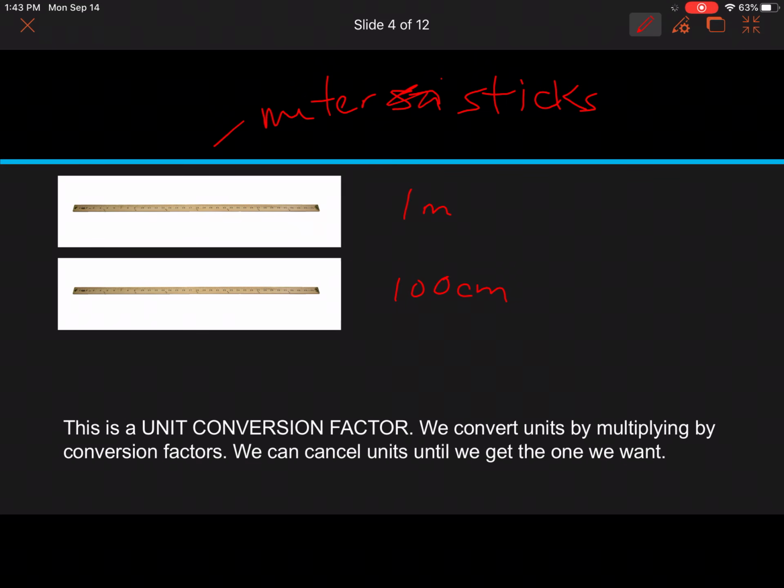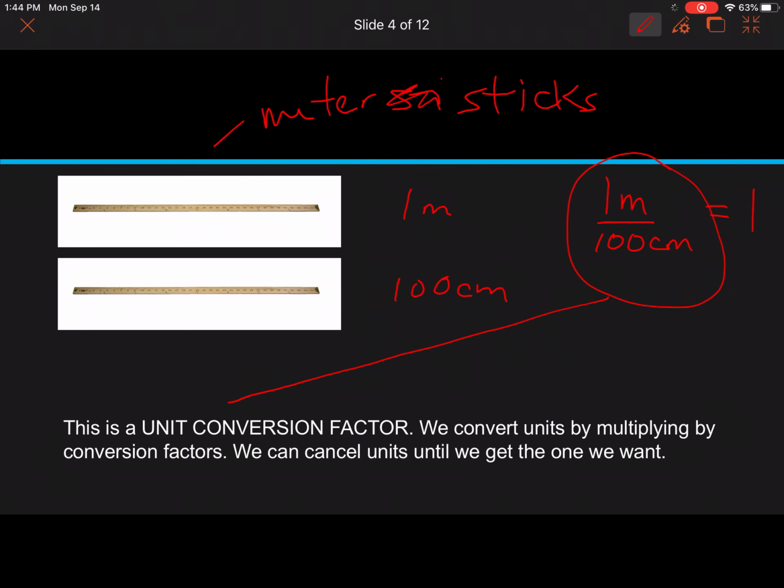So what this tells me is that 1 meter divided by 100 centimeters is going to be equal to the number 1. This is the premise that dimensional analysis is based on, because this is known as a unit conversion factor.